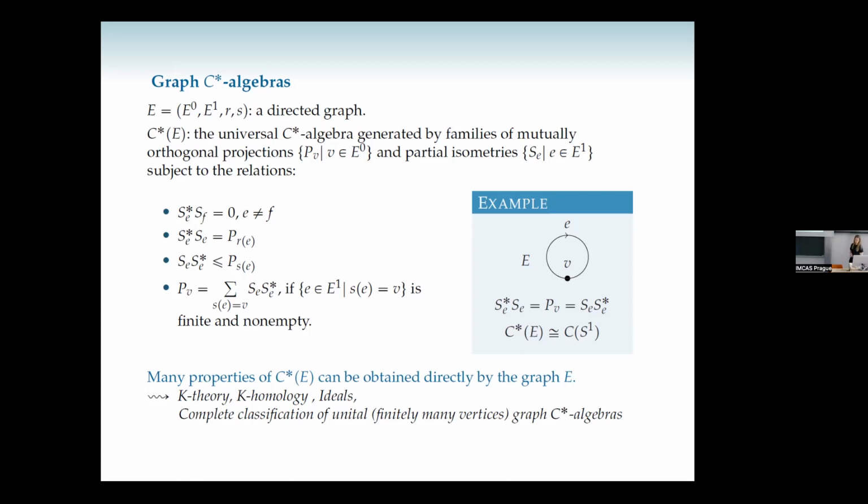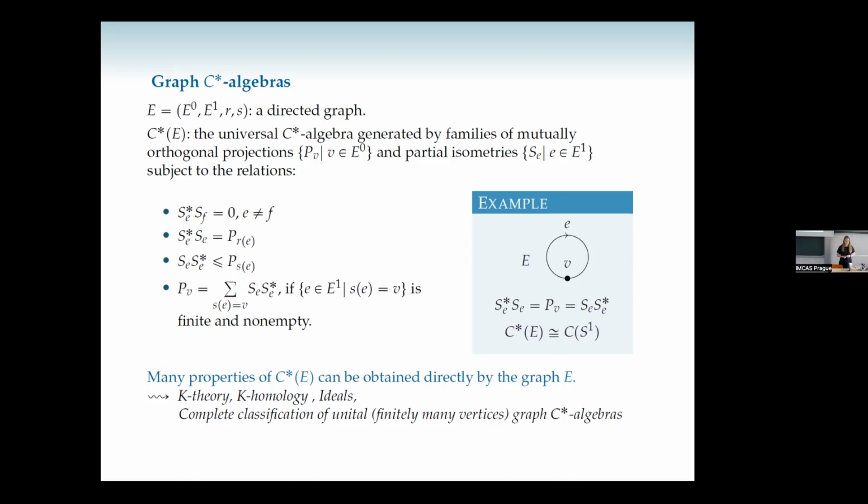What is very useful about having a graph C*-algebraic description is, for example, that you can calculate very easily the K-theory and K-homology. You can also describe the ideal structure just by looking at the graph. And then we have this very important classification result due to Eilers, Restorff, Ruiz, and Sørensen, which says that you can completely classify all unital graph C*-algebras.